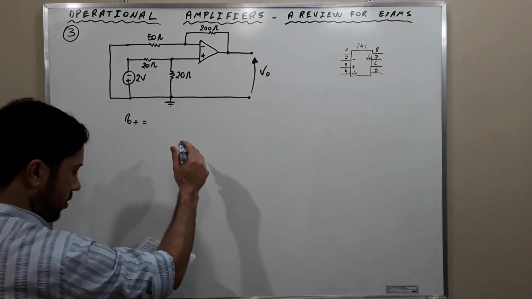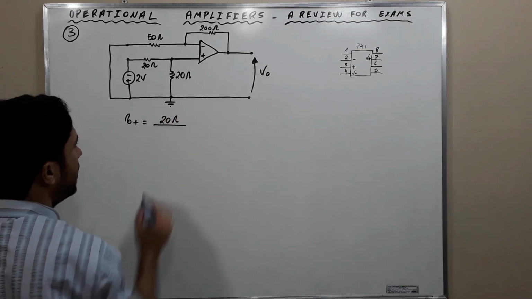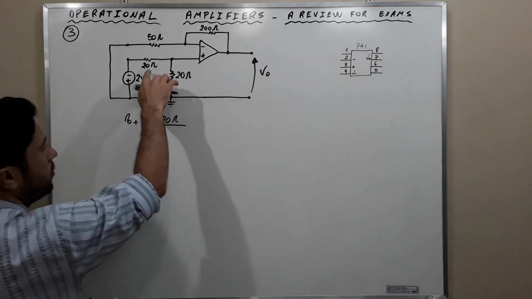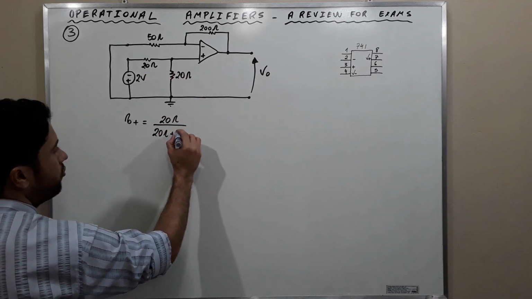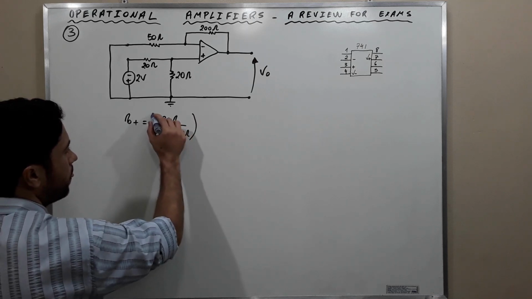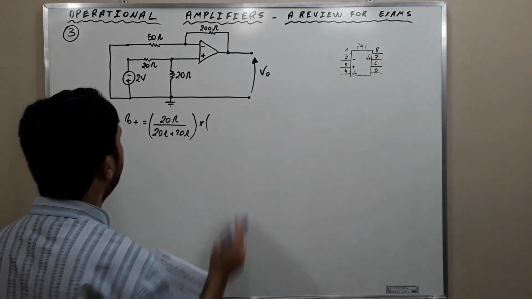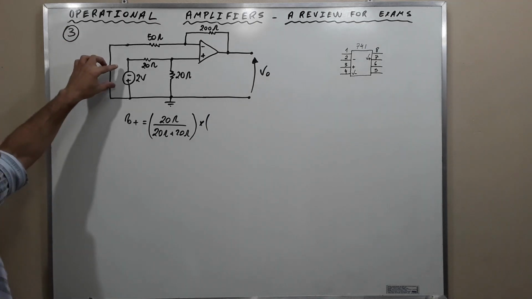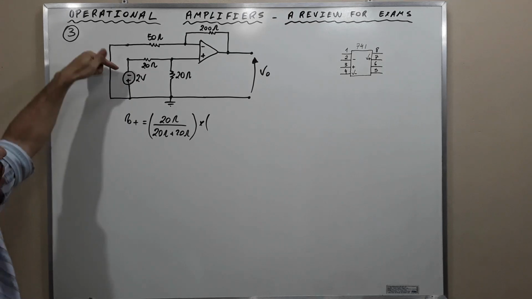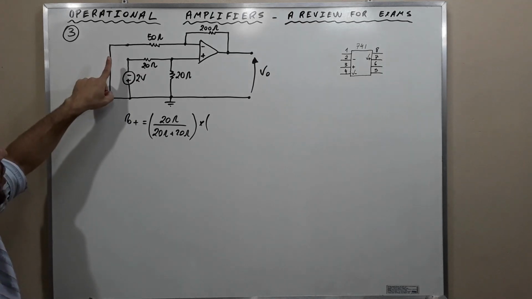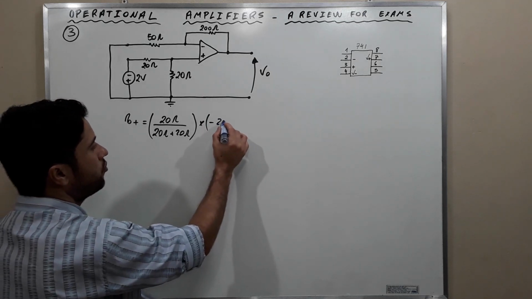It is going to be 20 ohms divided by this plus this, 20 plus 20 times the voltage. But here observe that the voltage is downwards instead of upwards. Then it is going to be negative 2 volts.